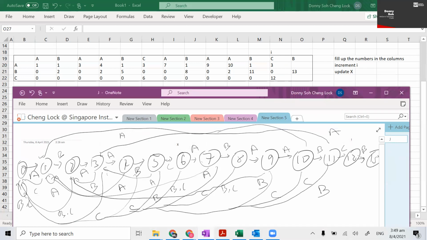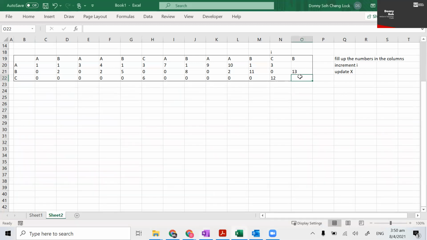Okay, at state X, if I see an A, it's going to push me to state 7. And if I see a C, it's going to bring me to state 0. So this is 0.